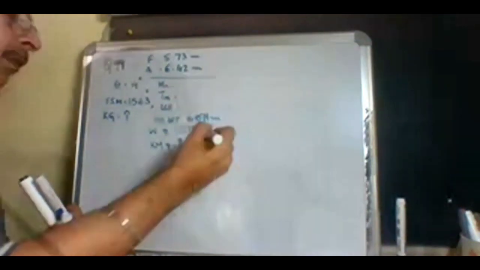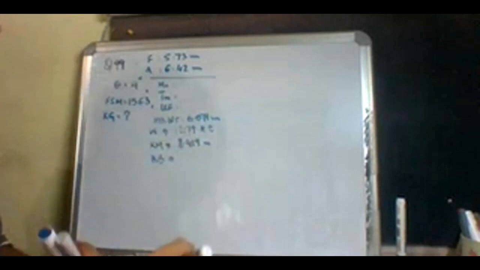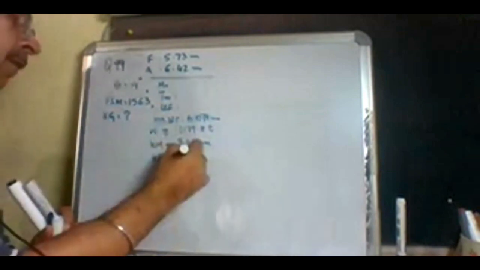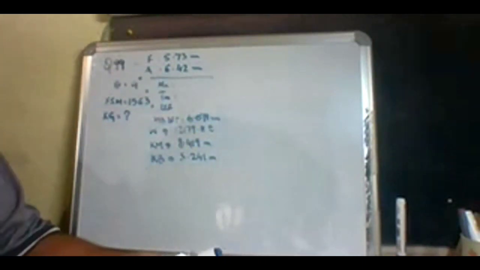That is the KM. Find also the KB from the hydrostatic draft. That will be equal to 3.241. So these are the various values which you get from the tables. Now you start off.